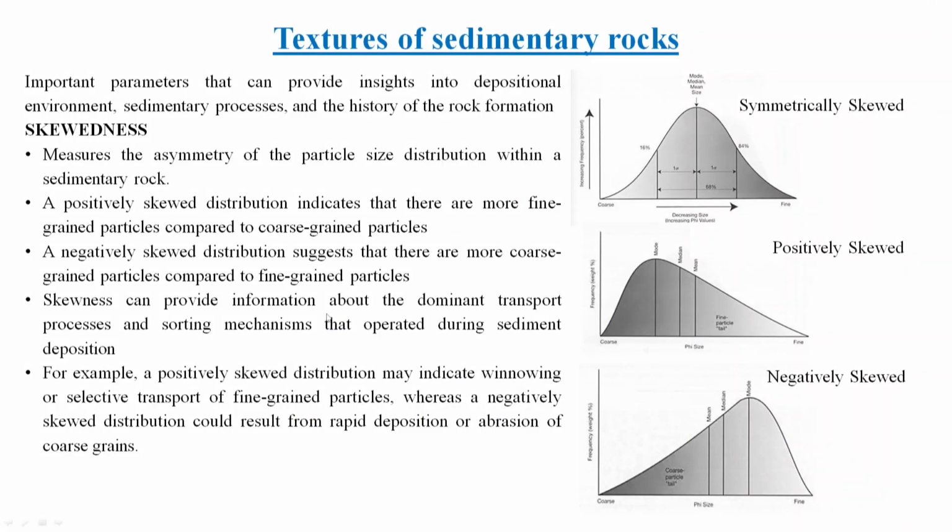If I take an example, a positively skewed distribution may indicate winnowing or selective transport of fine grained materials, whereas a negatively skewed distribution like this one could result from rapid deposition or abrasion of coarse grains.